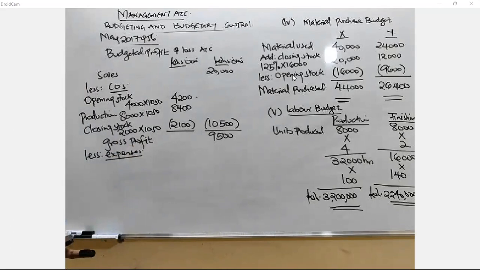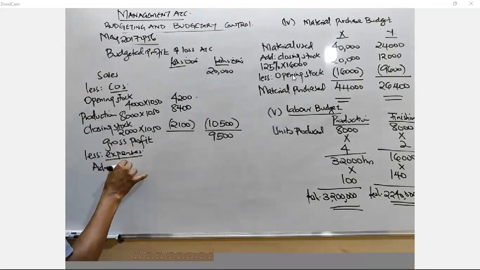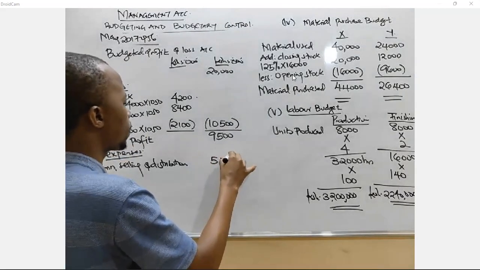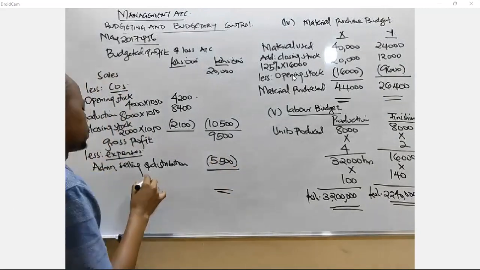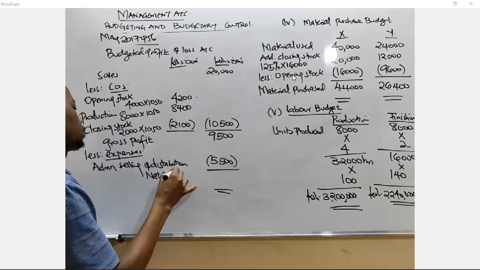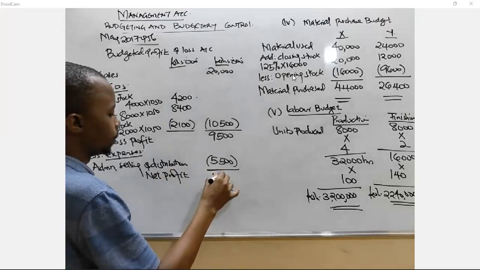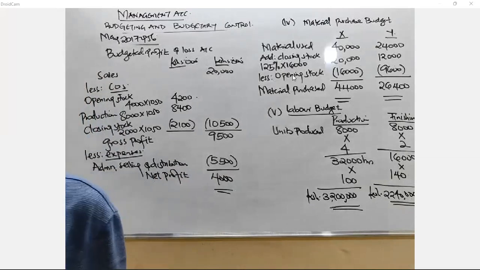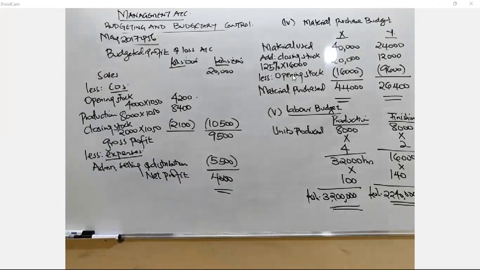When you look in note number 5, we have been told that there is administration, selling and distribution given as 5.5 million. What is your net profit? My net profit would be 4,000. That will be the net profit.